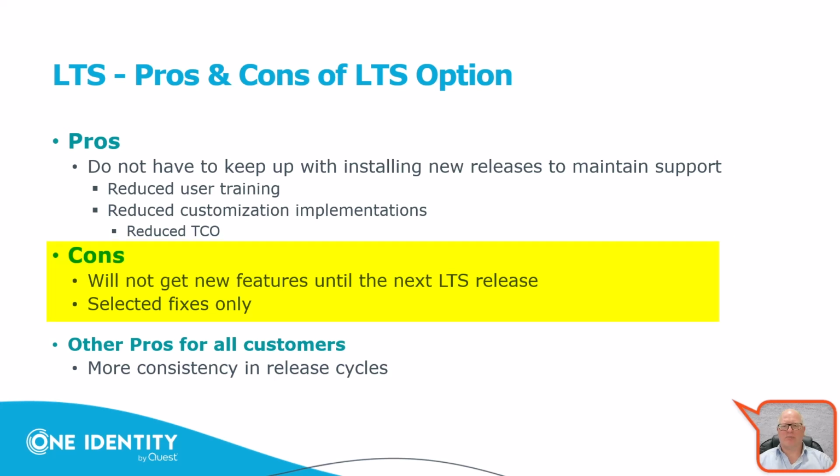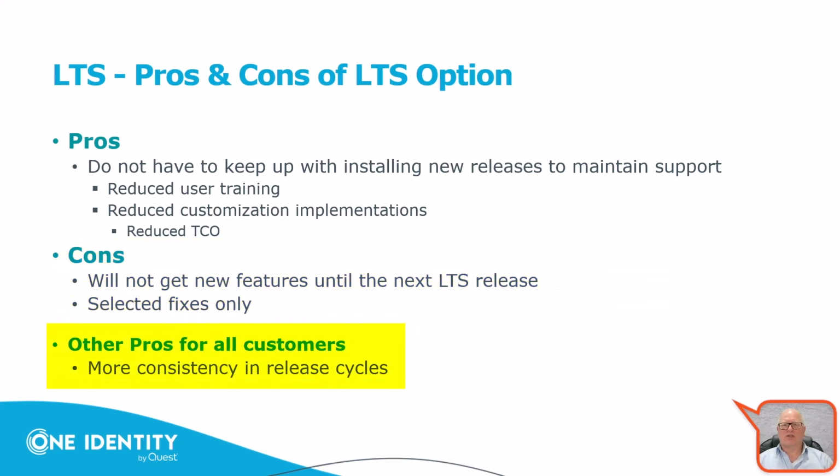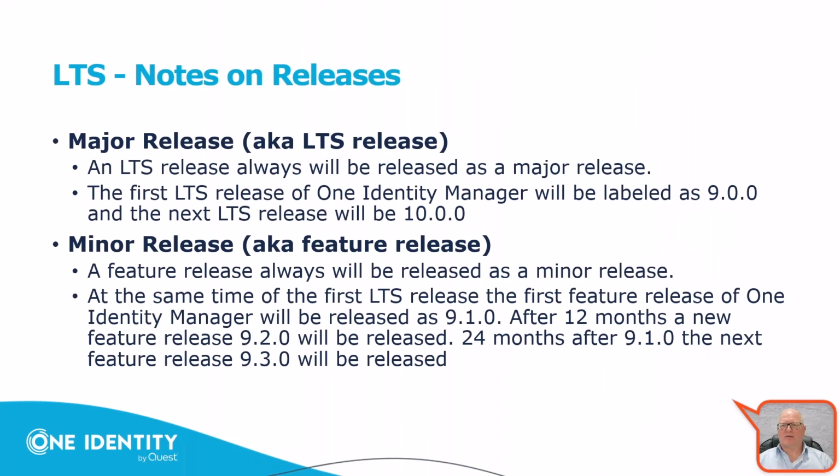The idea of the LTS, of course, is that there is more consistency in the releases in the future. Because of that, and that is what you can see here, all so-called major releases, that means the move from an 8.0 to a 9.0 version or from a 9.0 to a 10.0 version, these are our main and major releases, and in the future we will name them LTS releases.